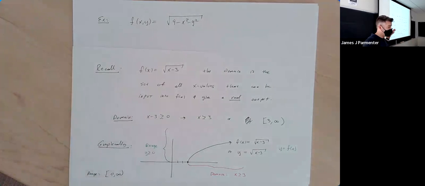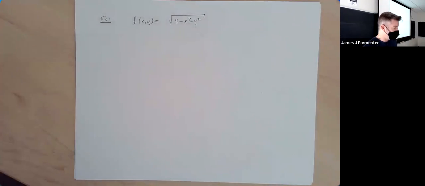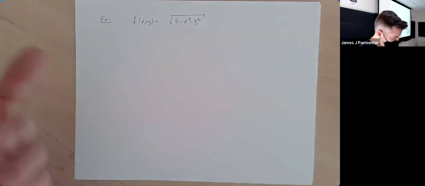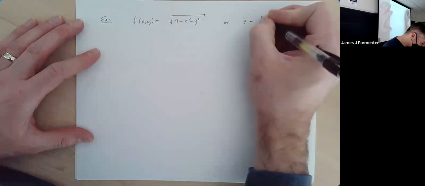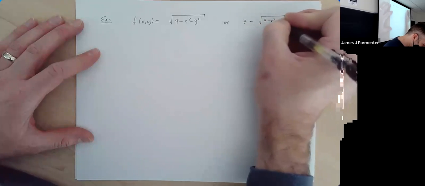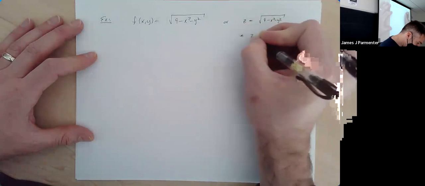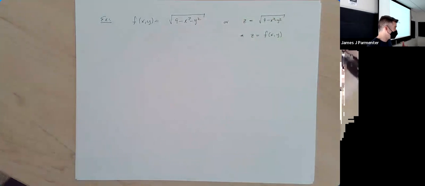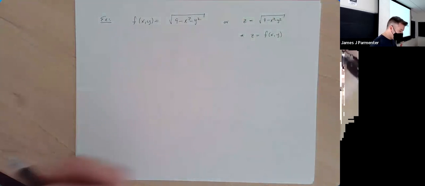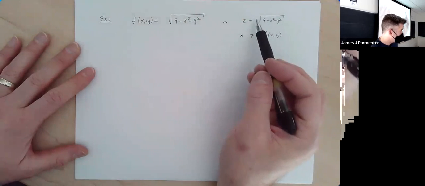In the same sort of way, when we're talking about f of x, y equals the square root of 9 minus x squared minus y squared, we're typically thinking of this as z equal to the square root of 9 minus x squared minus y squared, because we are thinking of z equal to your function of x and y, just like y is equal to your function of x. The reason I mention this is because if we look at it that way for a second, we can see what shape this has.